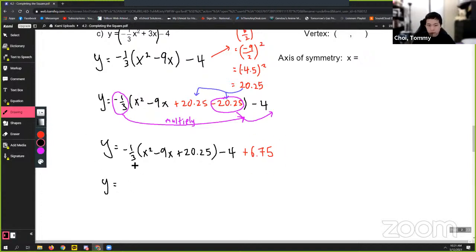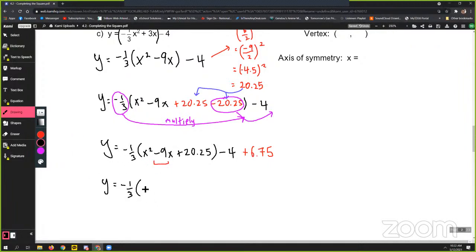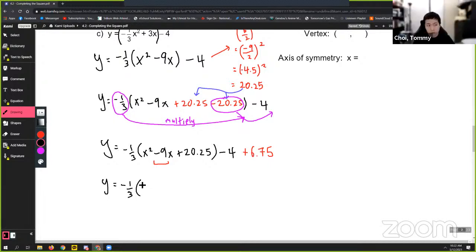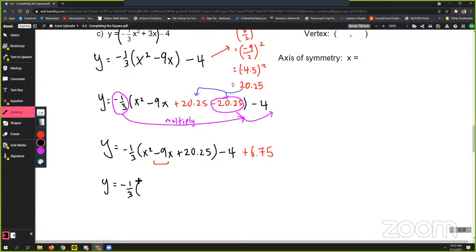From here, once you get that 6.75, we can now factor. So here, let's use that rule. We take the b value, the center value here, we divide it by 2. So what's -9 divided by 2? What's the decimal? Negative 4.5.